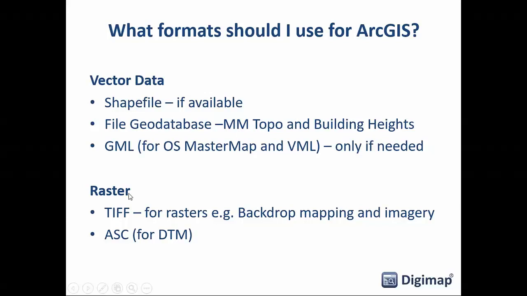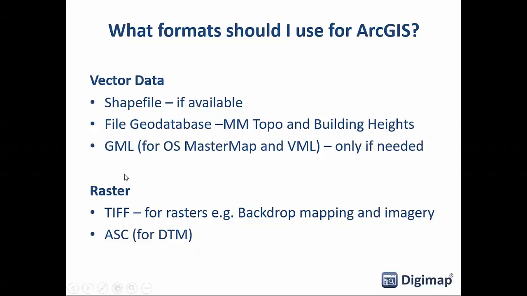That's for vector data. For raster data, it's again a similar idea. There are some basic formats which are easier to use than others in ArcGIS. The easiest one is often TIFF, if you just want a backdrop map or some imagery. For DTMs and some other products, there's an ASC file, which stands for an ASCII text file, and ArcGIS can read those fine as well.